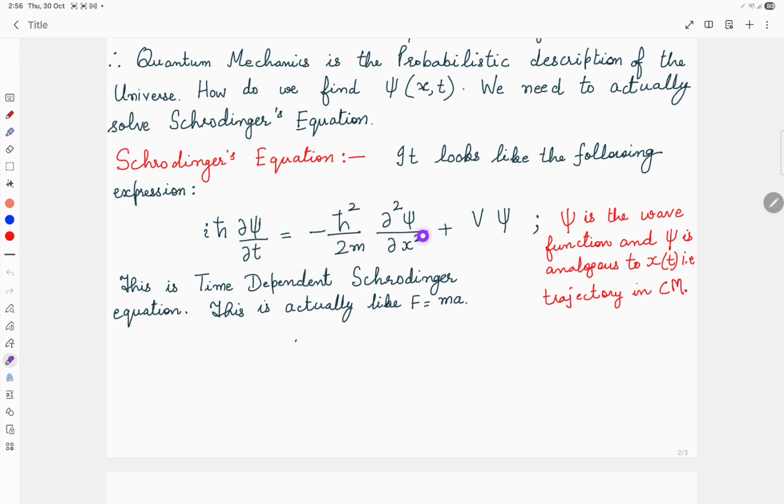But this is the time dependent Schrodinger equation for one dimension. The ultimate job is to find psi, the wave function, because the wave function will give us the actual information about the system. We will look further into the Schrodinger equation and try to solve it for certain cases in the coming lectures. Thank you.